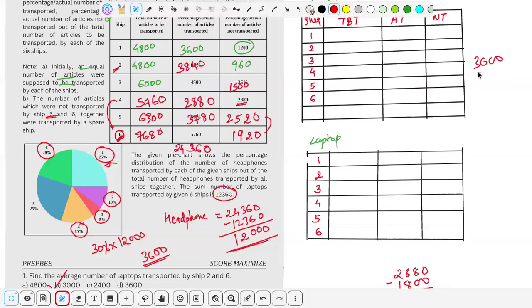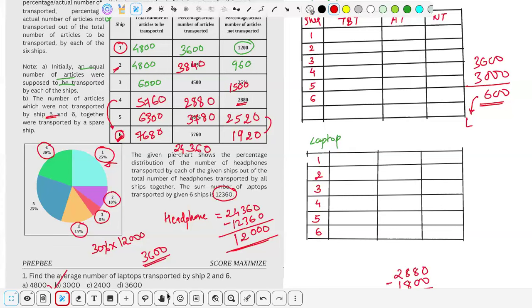एक मिनट, सॉरी माय बैड. 12,000 है, 12,000 का 25%, that is 1/4. 3000, सॉरी ये तो बोलूँ कैसे, इतना कैसे आ रहा है. तो 600 जो है ये थे नंबर ऑफ लैपटॉप्स. Okay, these are the number of laptops transported by ship 1.